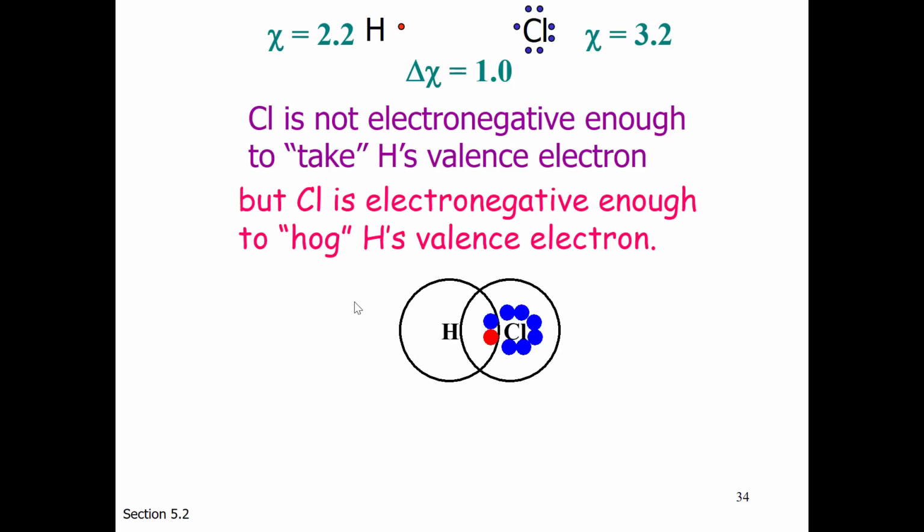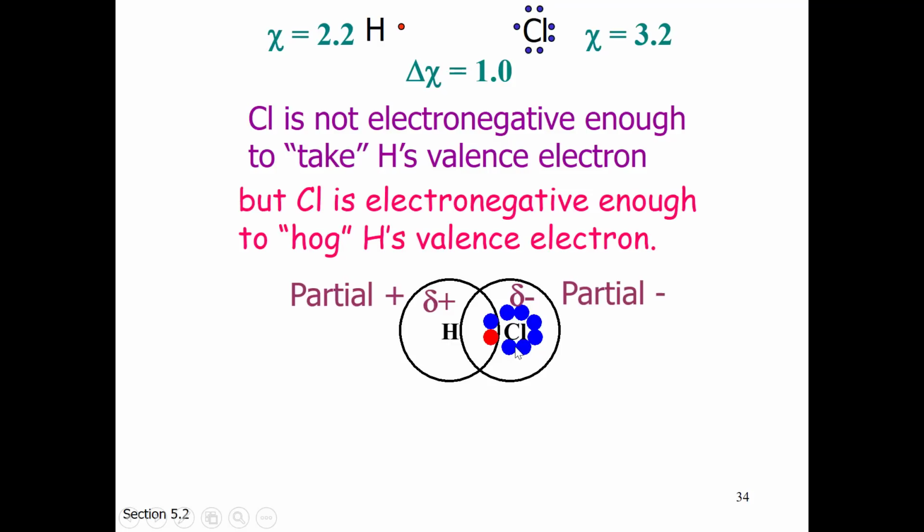So we might think of this as hydrogen and chlorine with the electrons between them, but you notice I've got the electrons a little bit closer to the chlorine than they are to the hydrogen. So what that results in is partial positive and partial negative charges. The hydrogen's a little bit positive because its electron is being used more by chlorine.